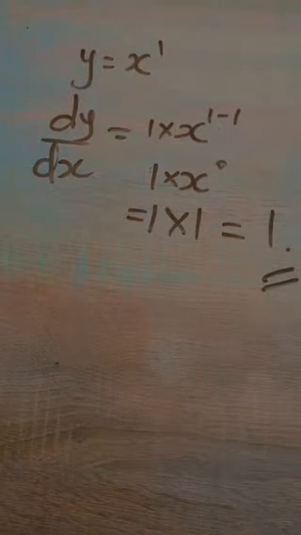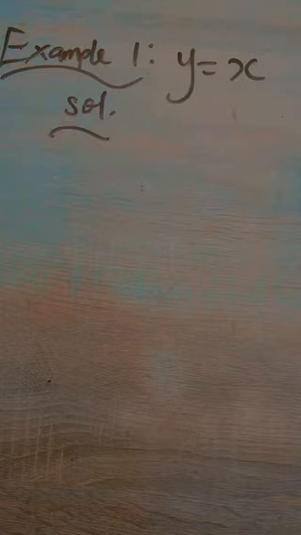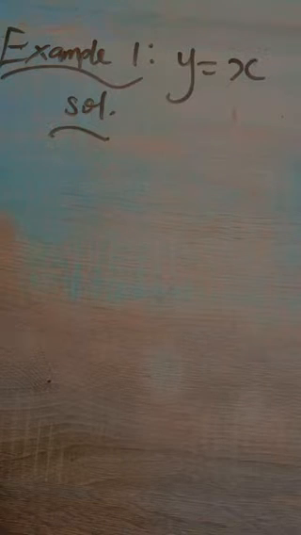Let's see how we can use the first principle method to differentiate the same example: y equals x. We add the change in y to y and the change in x to x.